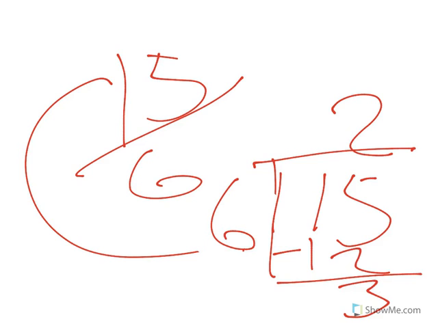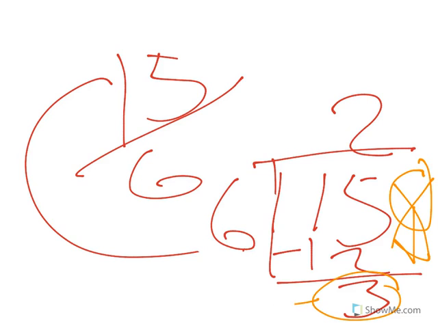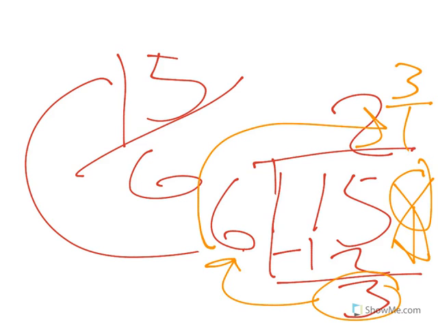I get 3. Now, there's nothing to bring down, and our 3 is smaller than our 6. So your remainder is your numerator, and your divisor is your denominator. So 2 and 3/6.